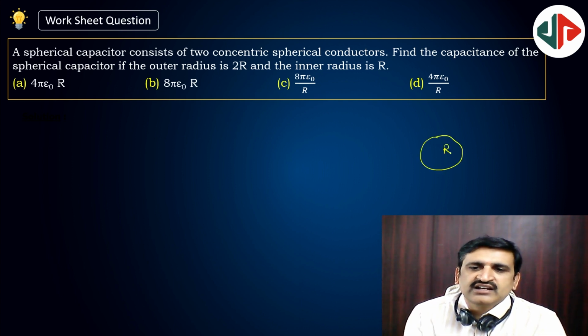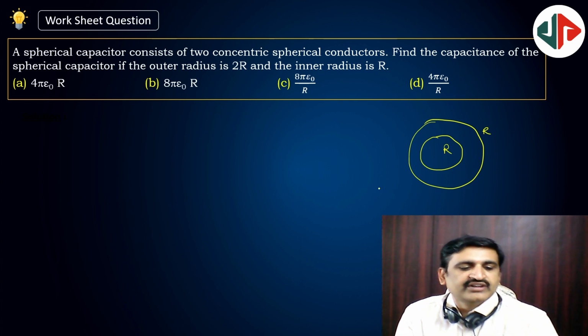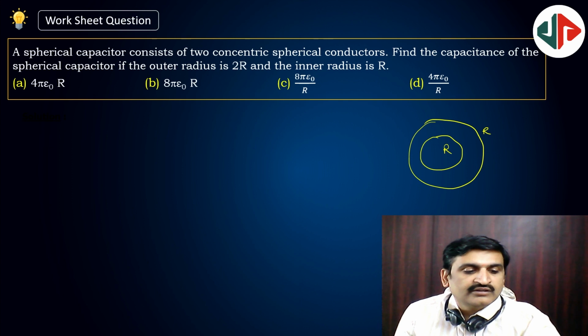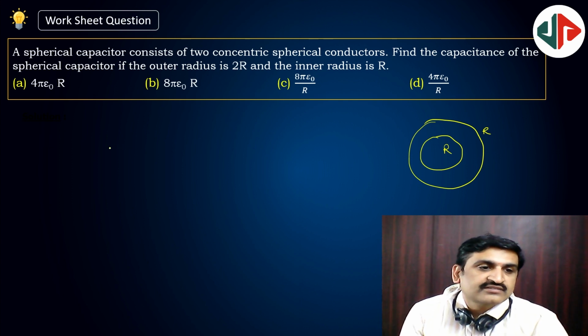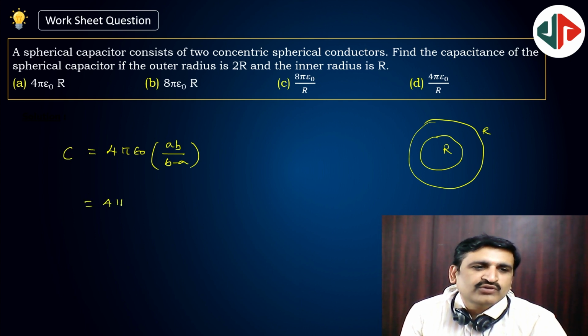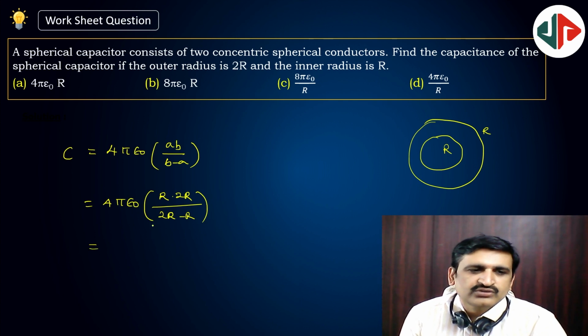Then the effective capacity of this combination is, for spherical capacitors, capacity is 4 pi epsilon naught AB by B minus A. Whichever is bigger, you subtract that. So 4 pi epsilon naught R and 2R by 2R minus R. R will cancel, so 8 pi epsilon naught R.